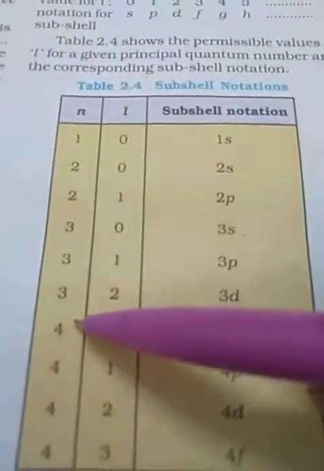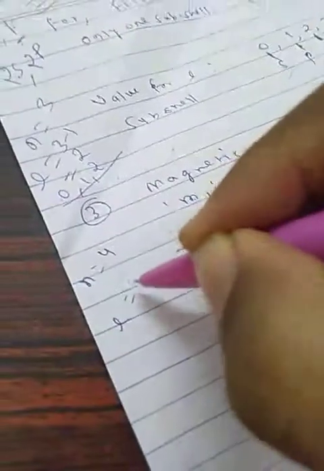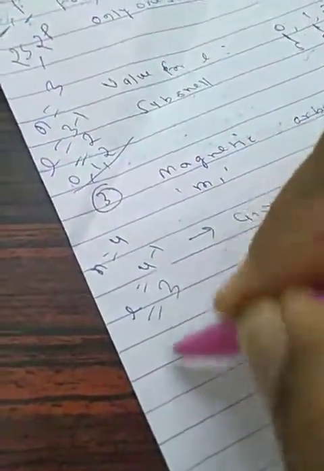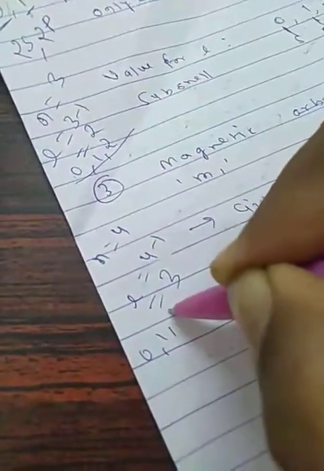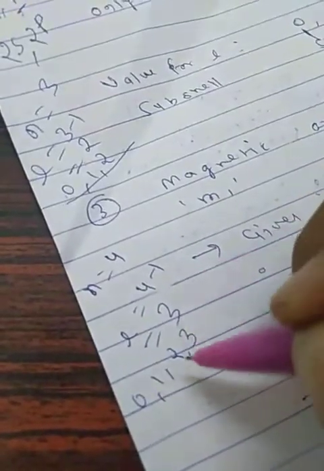Now further ahead, if I write n is equal to 4, then l is equal to 4 minus 1, which means 3. So the values are 0, 1, 2 and 3.